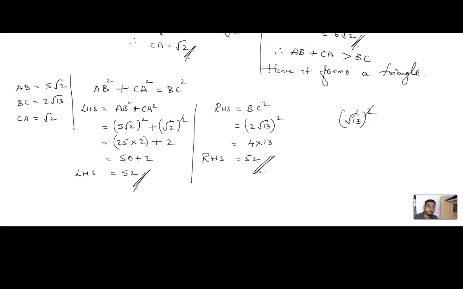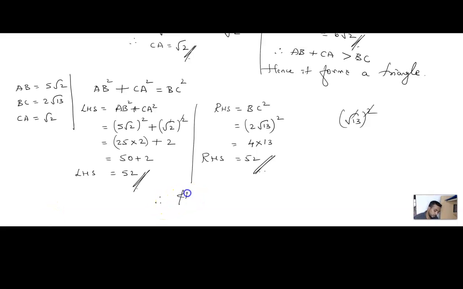Your small grammatical mistake can lead you to lose your marks. But here you can see that it is a right angle triangle, because the sum of the squares on the other two sides is equal to the square of the third side, that is the hypotenuse. So therefore we can say that it is which type of triangle?